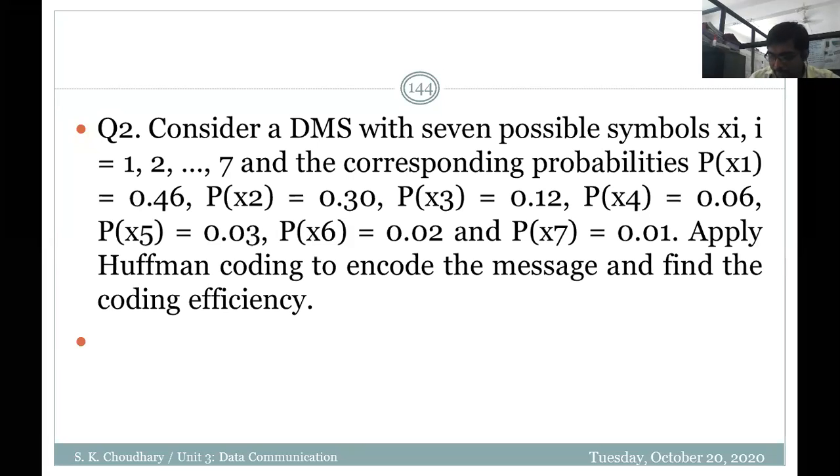Apply the Huffman coding to encode the message and find the coding efficiency.